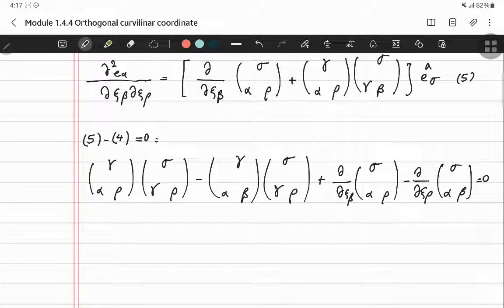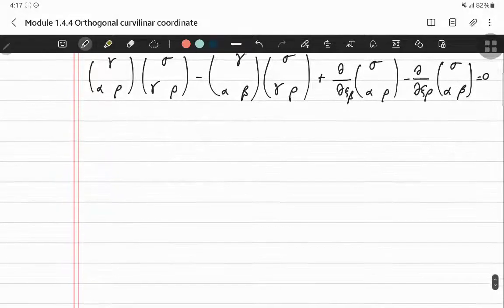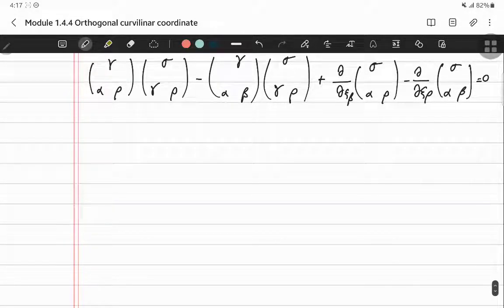So now if you substitute this with 1, 2, and 3, and you iterate all over them, you get these kind of equations here, which I'm not going into the detail of deriving.